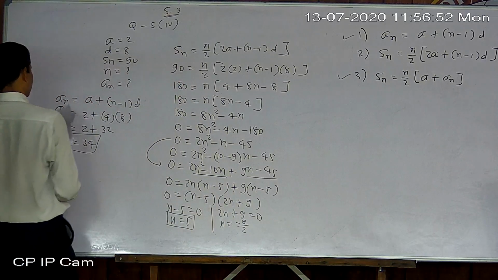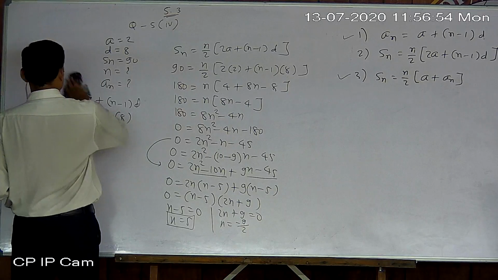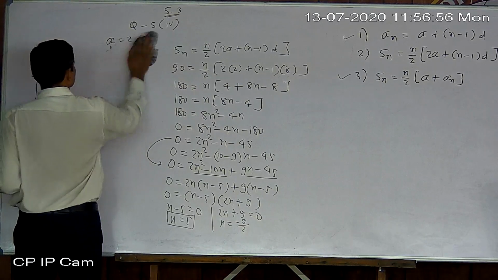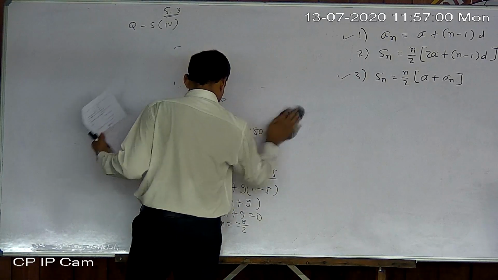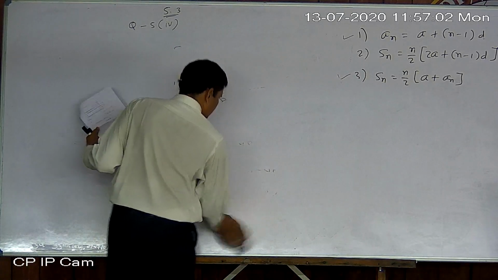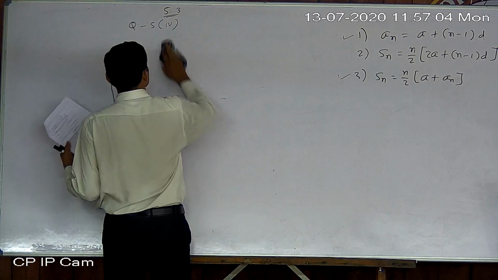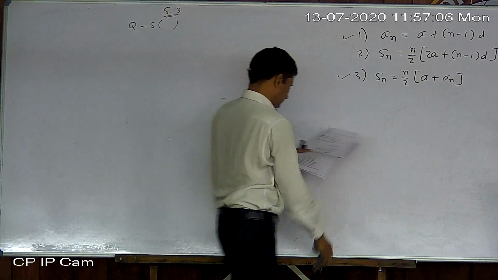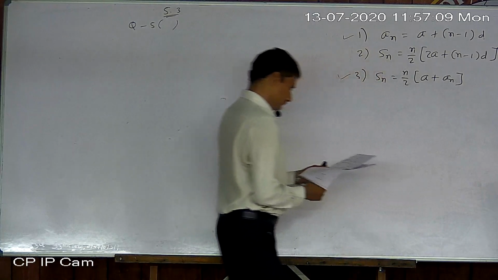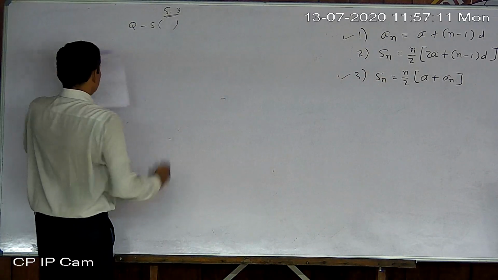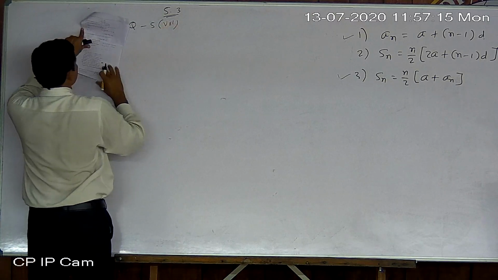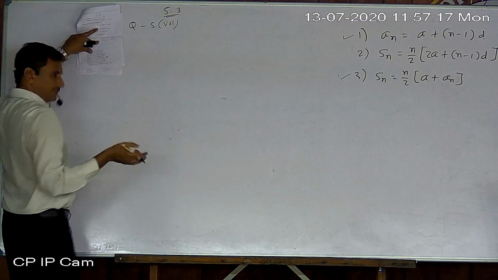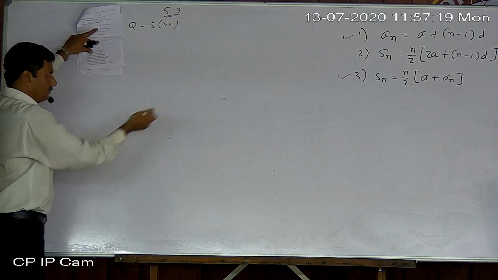Find a and n. Okay, 7 we will solve later on.